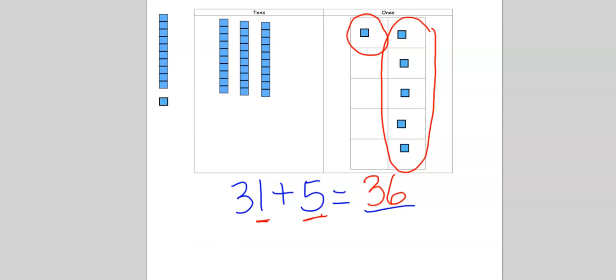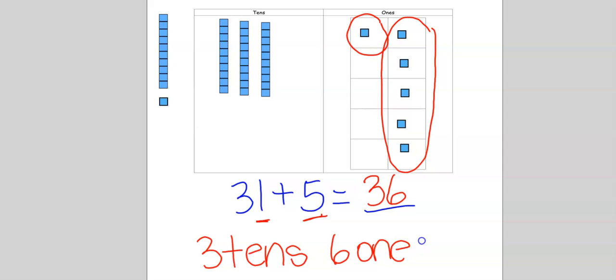Okay, so I had 3 10s and how many 1s? 6 1s made 36. Okay, let's do another one using our chart.